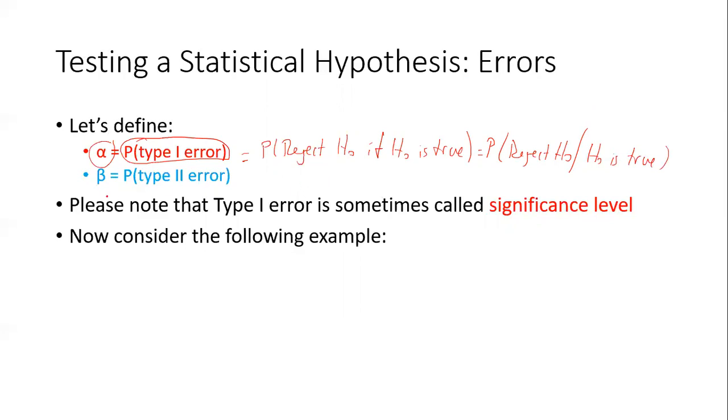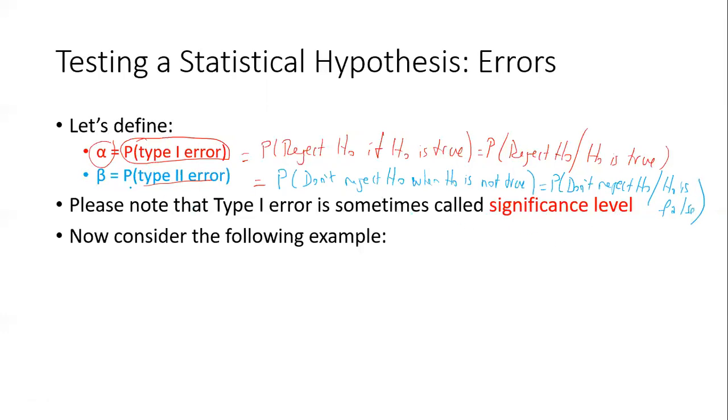Similarly, we will call the probability of type 2 error beta. Let me write it in blue since it's blue there. This is the probability that you don't reject H0 when H0 is not true, which is equal to the probability that don't reject H0 given that H0 is false.